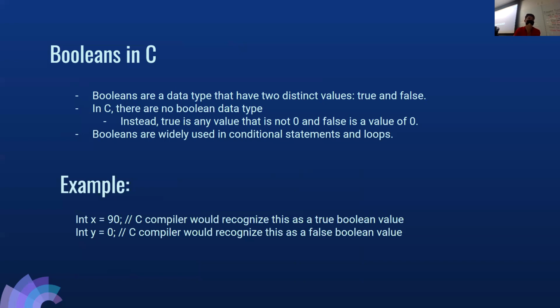Instead, the way C recognizes boolean values is that anything that's not a 0 is true, and any variable that's 0 is false. You put this in a conditional expression, which I'll explain later. The compiler considers this a true, and this a false. So that's pretty much the basics of booleans.